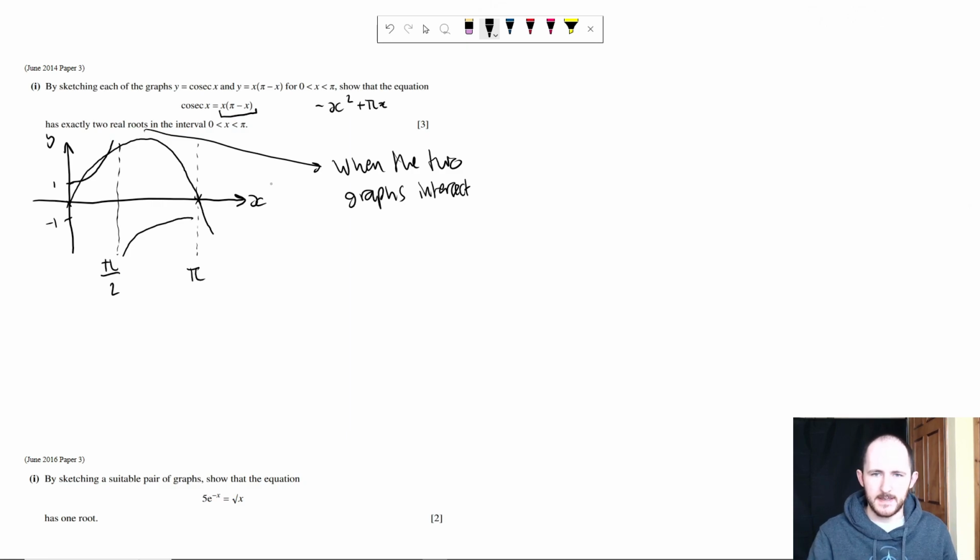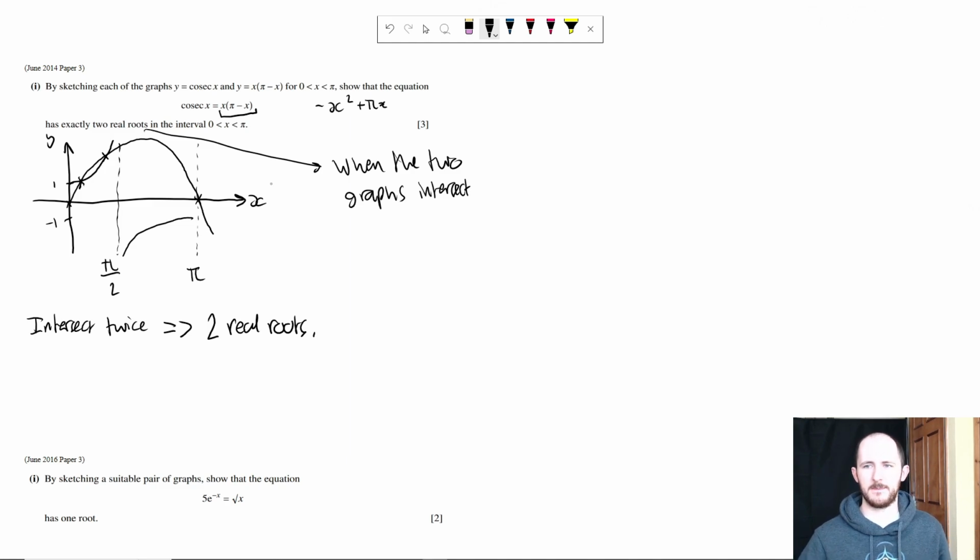Okay, so that is here and here. So they intersect twice, therefore 2 real roots.